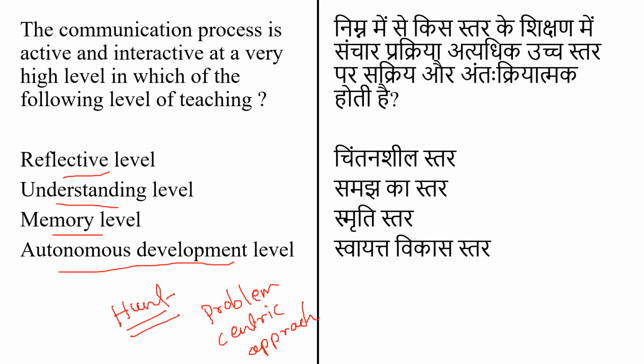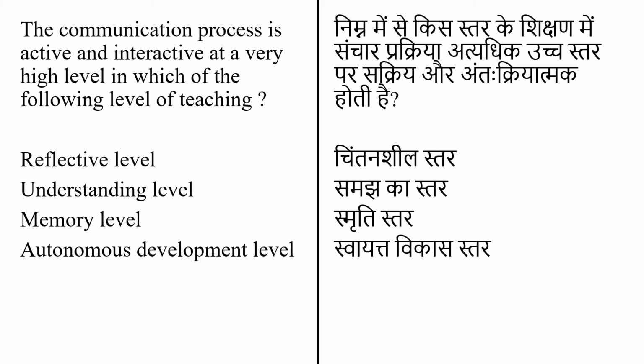The classroom environment is open at this level of teaching. It leads to the development of creative skills. It develops the skills of a learner by solving real life problems. The techniques used are student centered. So the correct answer is option A, that is, reflective level.